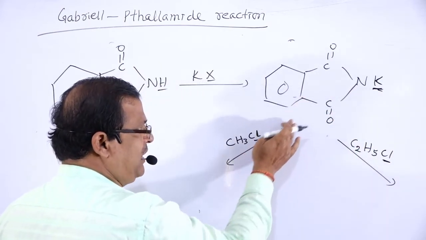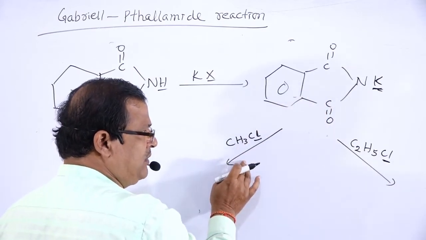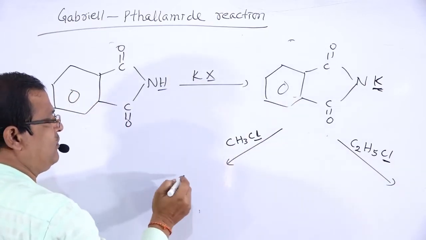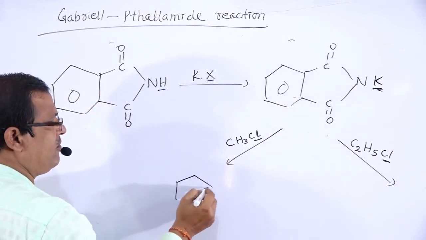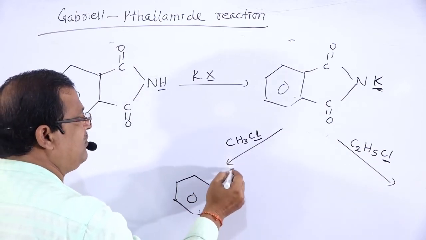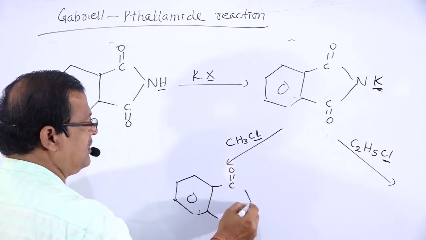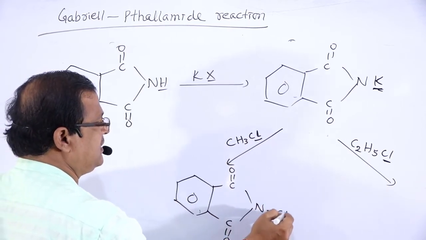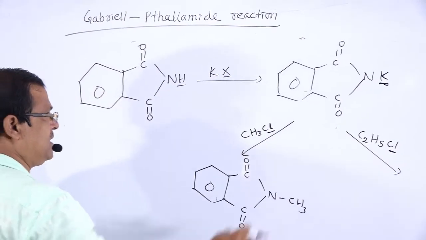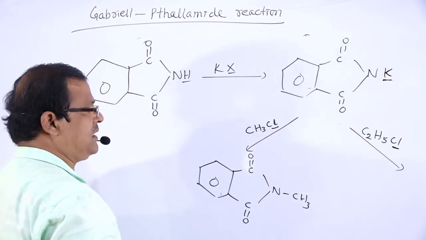We have reacted this one with either methyl chloride or ethyl chloride. If it reacts with methyl chloride, then what will be the product? C=O and N-CH3, and K and Cl are removed in the form of KCl.